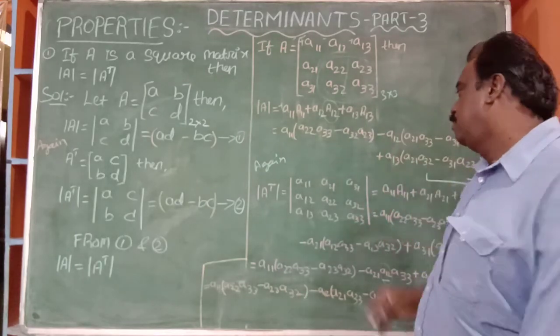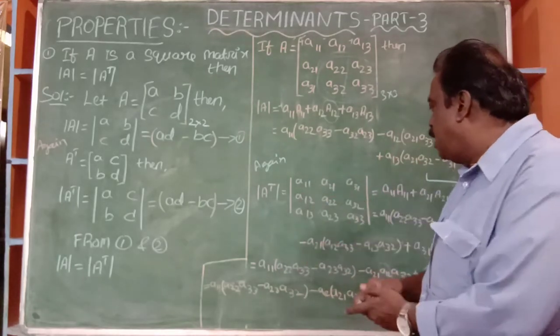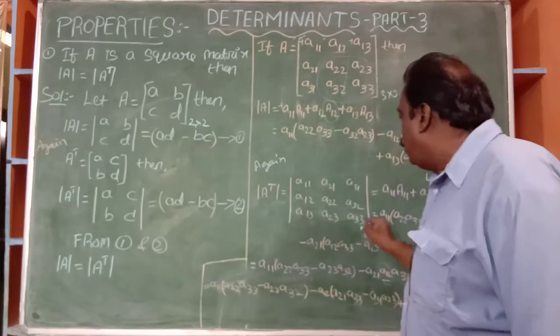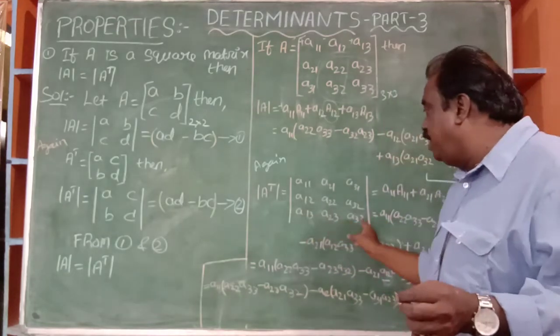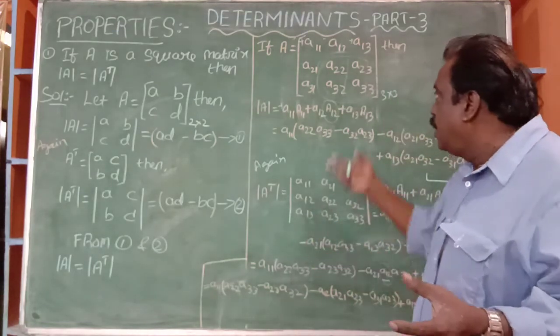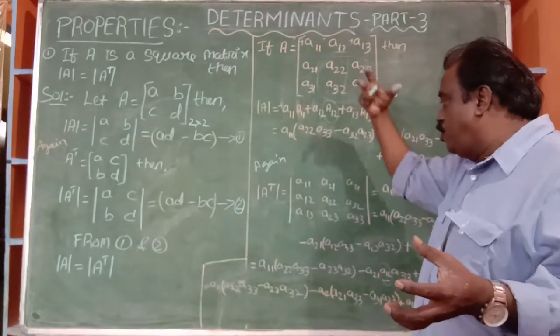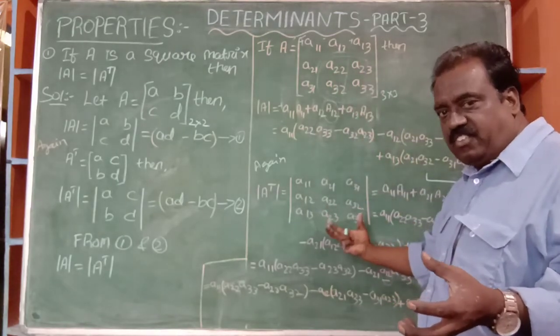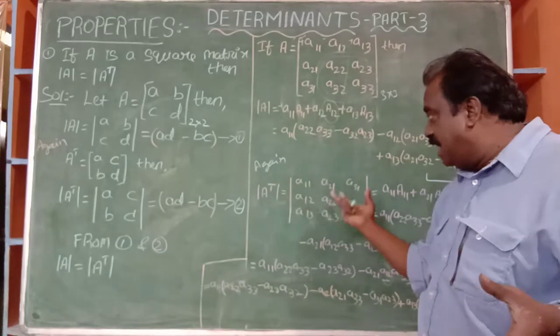I am using the notation of vertical bars for the determinant. Of course, I am interchanging the rows and columns, so we get A transpose.